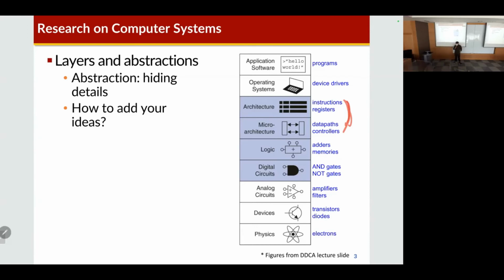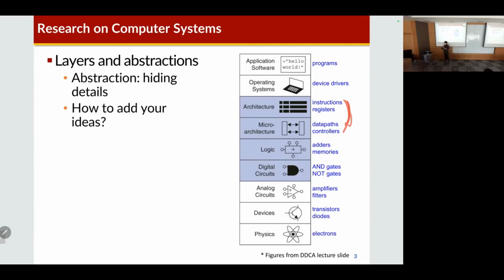But another difficulty in computer architecture research is that we cannot change the inside of the processor. That's just a chip. The main material in the chip is SiO2, silicon dioxide, which is similar to sand or rock, so stone, which means we cannot change the inside of a processor.